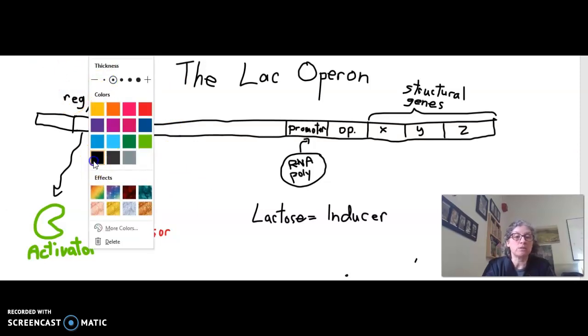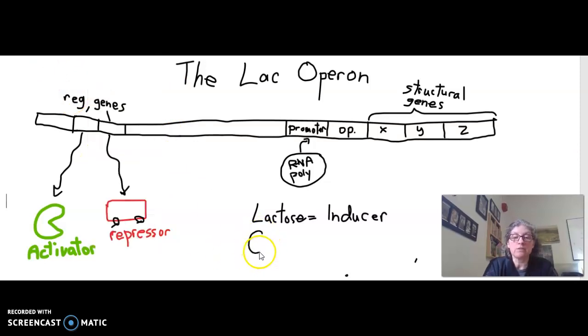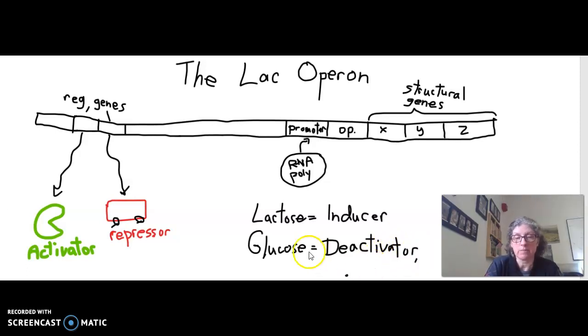So now glucose, instead of being an inducer, when it's present, is going to be, well, I guess I'd call it a negative or a deactivator. A deactivator. Because if glucose is there, why waste your time making lactose enzymes? Deactivator, terminator. Okay, there we go.